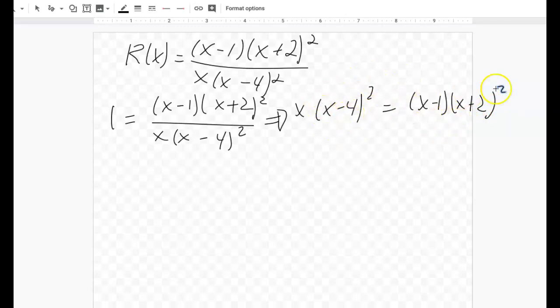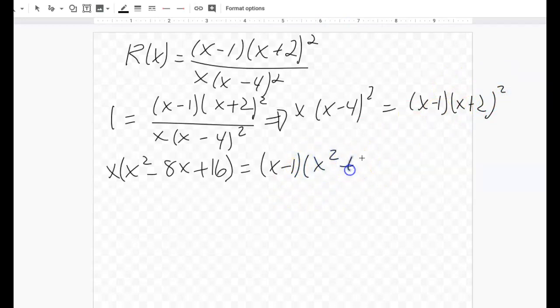We need to multiply all this stuff out, so I'm going to end up with x times (x squared minus 8x plus 16) equals (x minus 1). It's better to multiply this first, order of operations. So (x squared plus 4x plus 4).